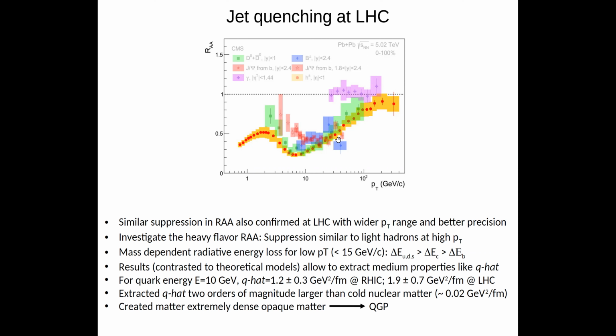For cold nuclear matter, this q hat value you extract from the data measured in pA conditions. Ultimately, all this together indicates that the created matter is extremely dense, opaque, and partonic in nature, or a Quark-Gluon plasma is produced in these energetic heavy ion collisions at RHIC and LHC.